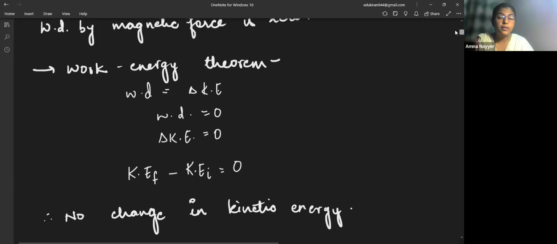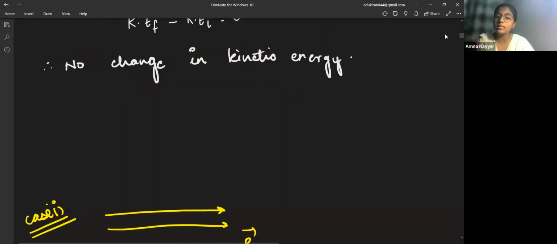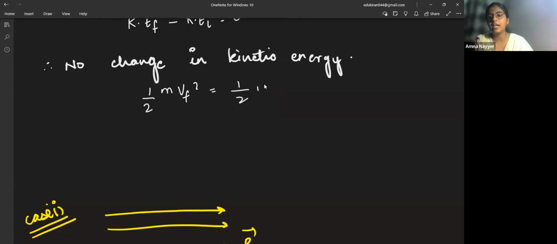Also, one question which can be an extension of it is what happens to the velocities then? See, half mv final square is equal to half mv initial square. Now half m gets cancelled, so final velocity is equal to initial velocity.